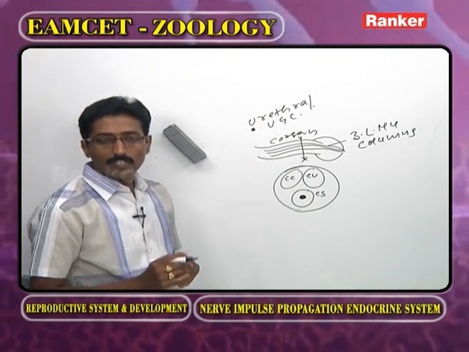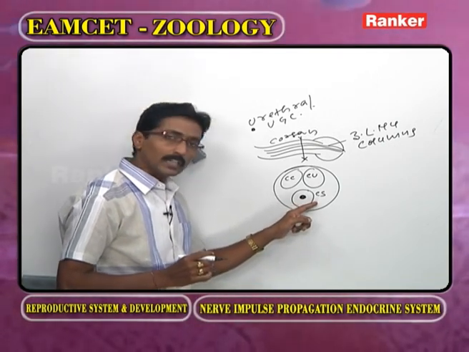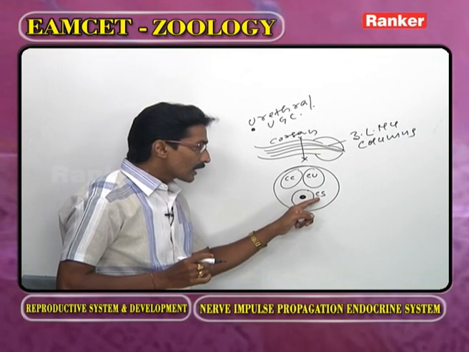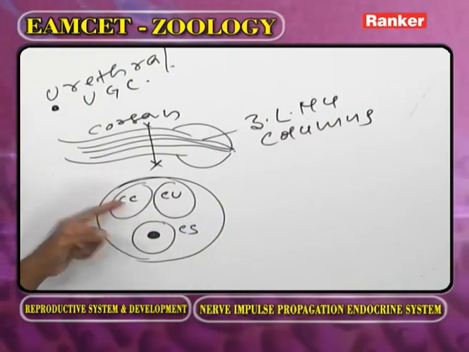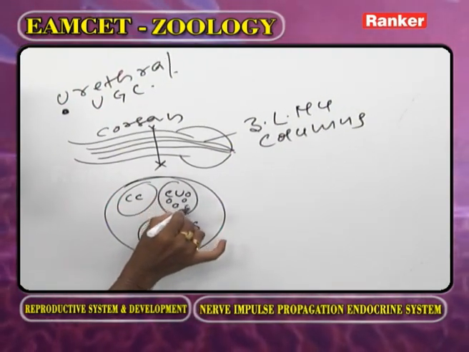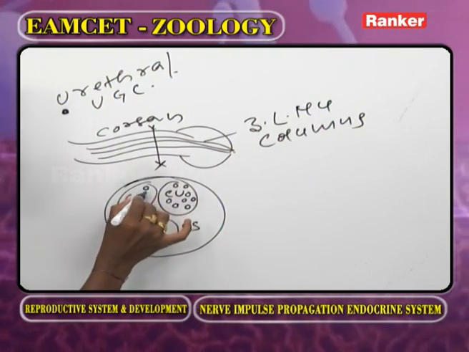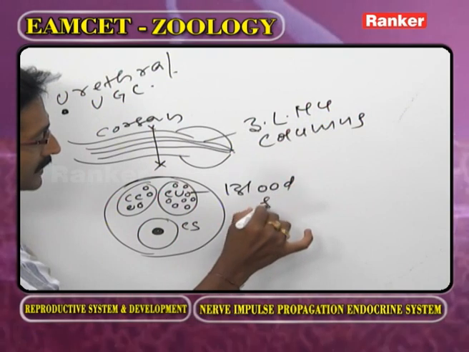Now here the urinogenital canal is present in what type of tissue? Corpus spongiosum. Now what about the corpora cavernosa? In the corpora cavernosa, what are present? The empty blood spaces are present.